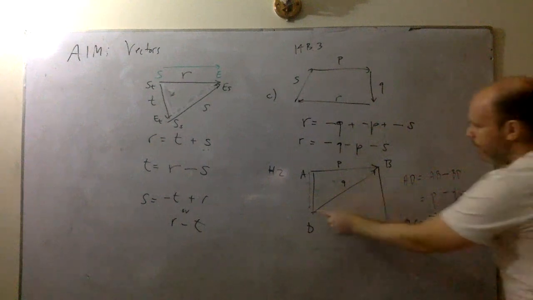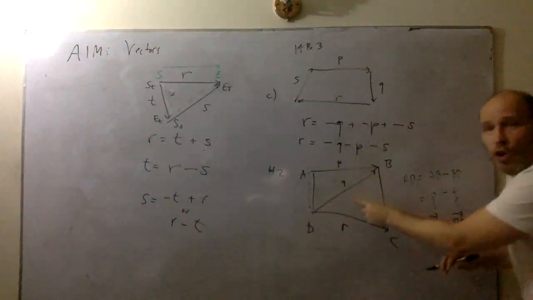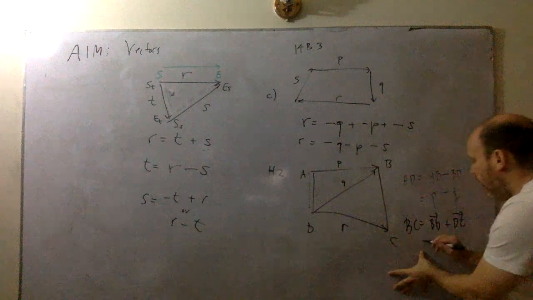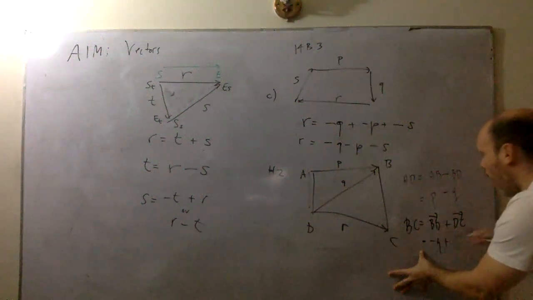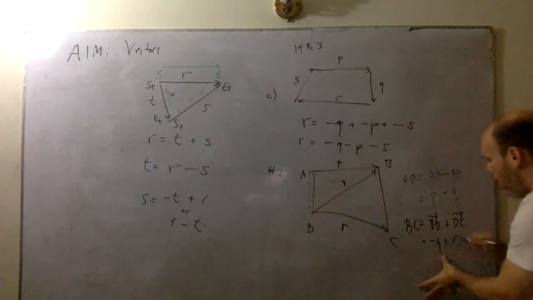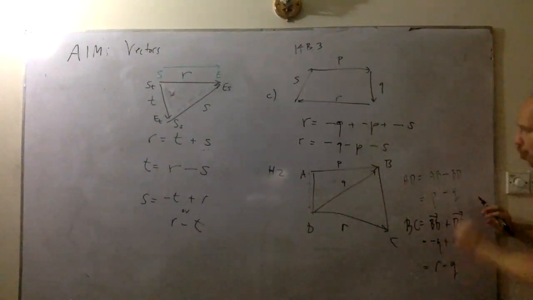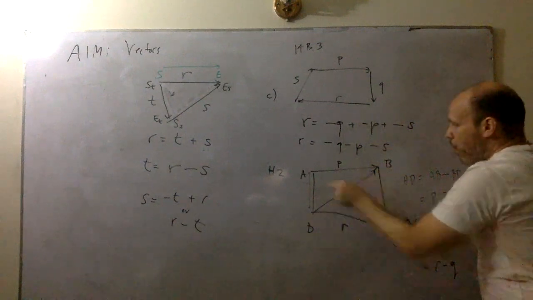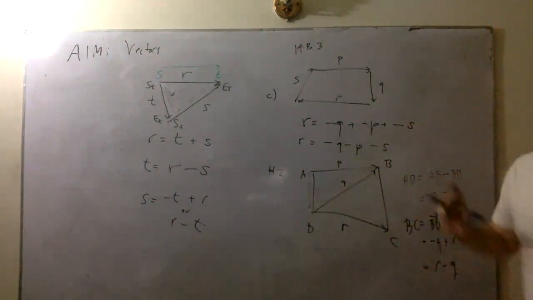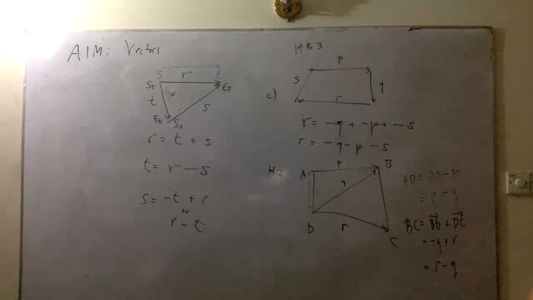Well, DB is Q, so BD is negative Q, plus DC, that's R. Or it can be written as R minus Q. But once again, these are the journeys that take me from point to point. That's the idea.